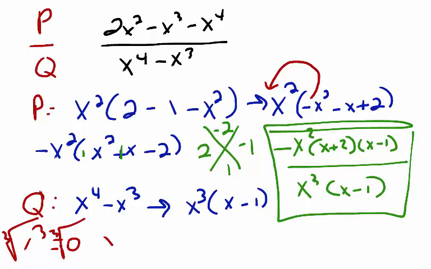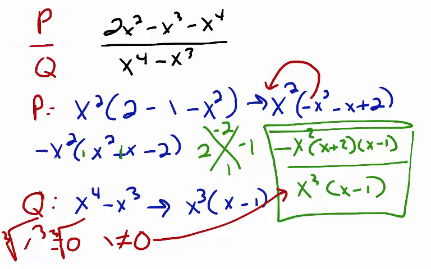So x equals 0. Now I'm going to write x is not equal to 0 because this is a value that x can't be. And the reason why is that if I plug in a 0 for x in the denominator, I'll end up with a 0 denominator. And in math, we don't want a 0 denominator. A 0 denominator means the expression is undefined.